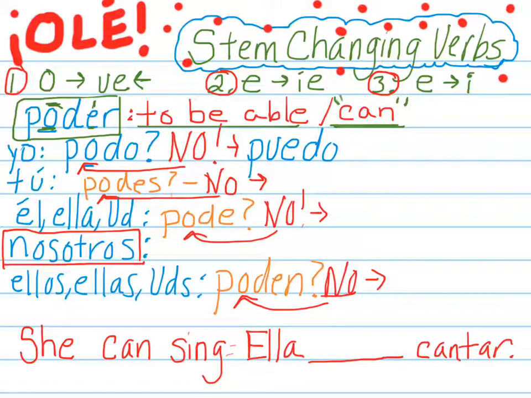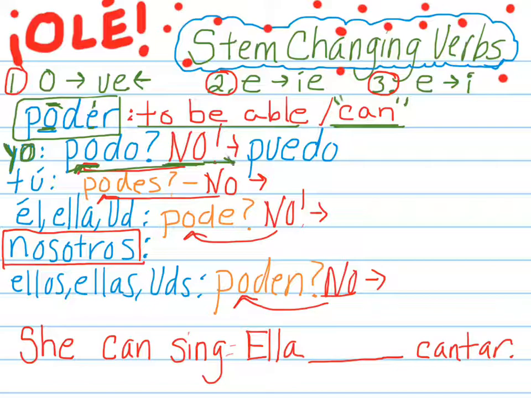Okay, so let's look. I want to put this in the yo form. Now, do you think that I will just say yo podo? No. Do you like how I put no really big over here? We do not say yo podo. This would be wrong. It's a stem changer, and that means this O, once we start messing with it, has to change to a UE. Okay, it's going to multiply. It's changing from an O into a UE. So let's look over here.